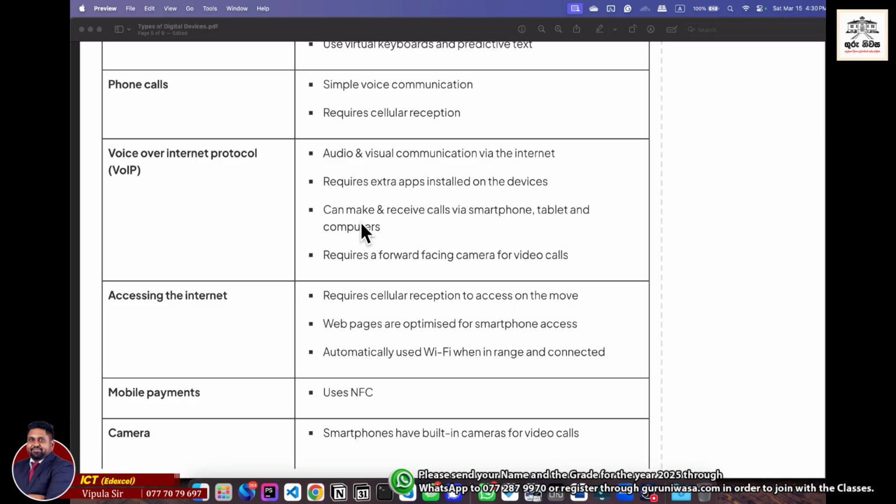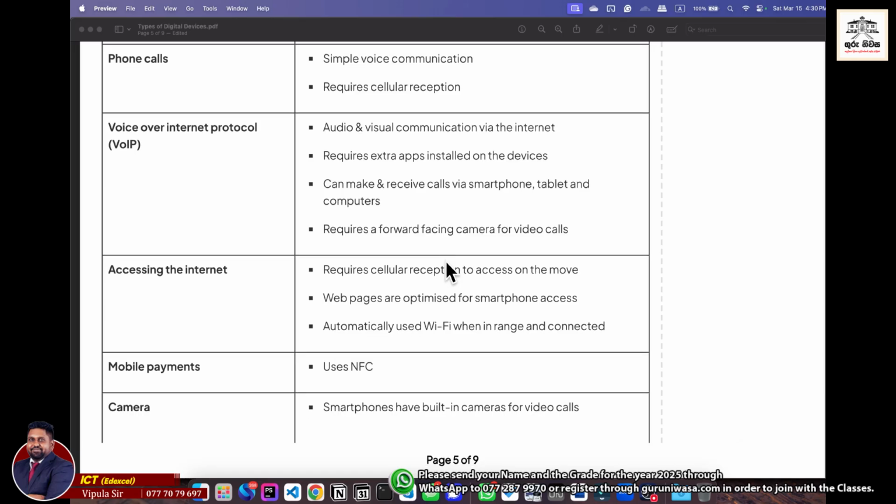This can make and receive phone calls via a smartphone, tablet, or any computer which we have. At the same time, if you are using this to make video calls, then you need to have a front-facing camera, because in order to capture your video, you need to have the camera.